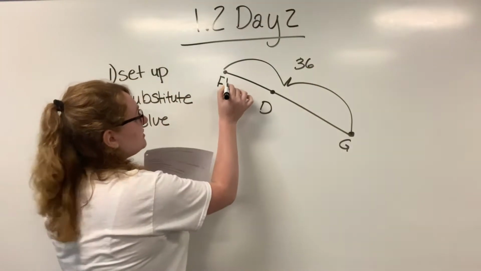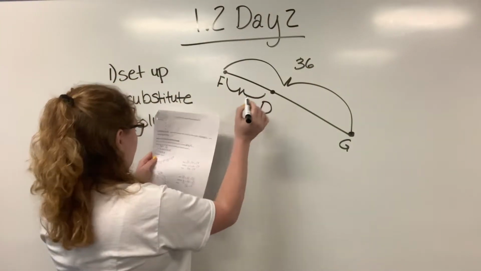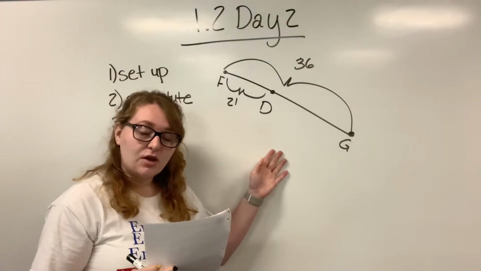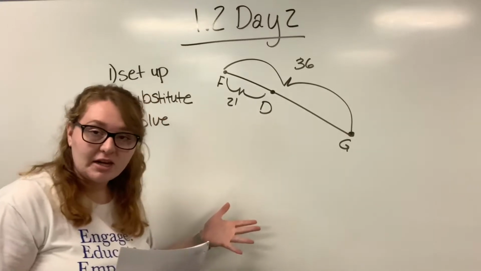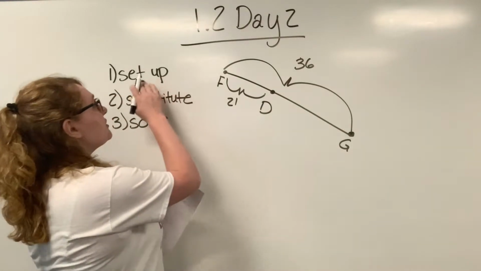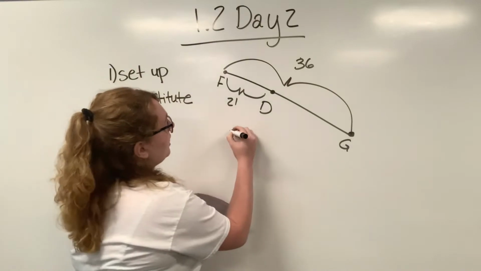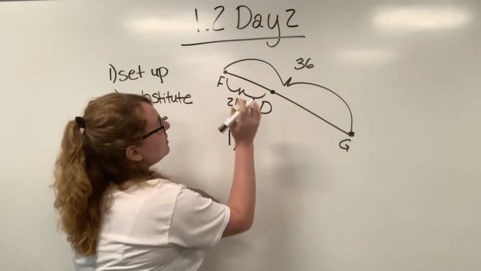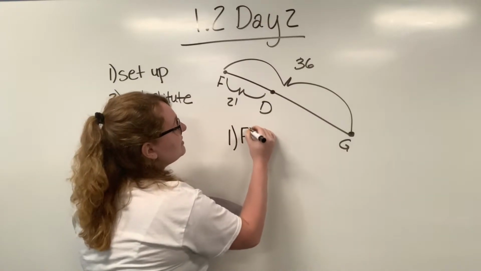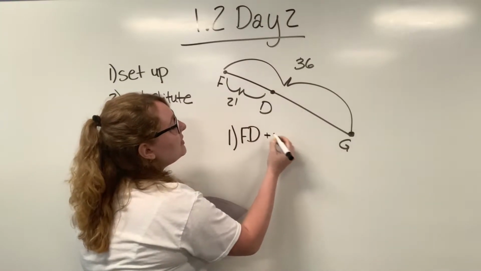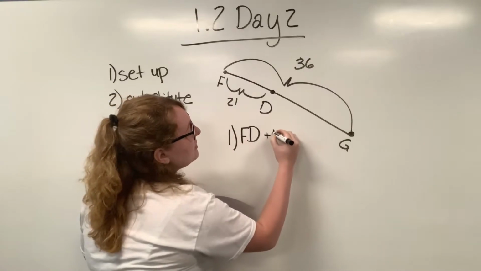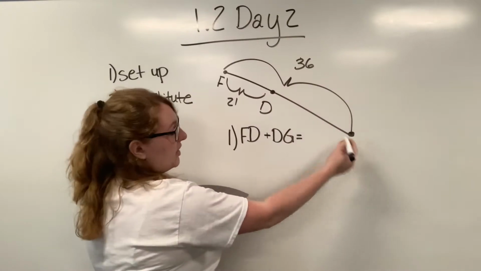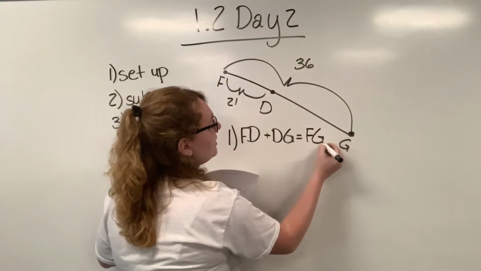And we know that the distance between F and D is 21. But we don't know what DG is. Well, we can still find it using the segment addition postulate. So first things first, we have to set up. Okay, so first chunk plus second chunk equals the whole thing. So our first chunk is the distance between F and D, plus the second chunk is the distance between D and G, equals the whole thing from F to G.